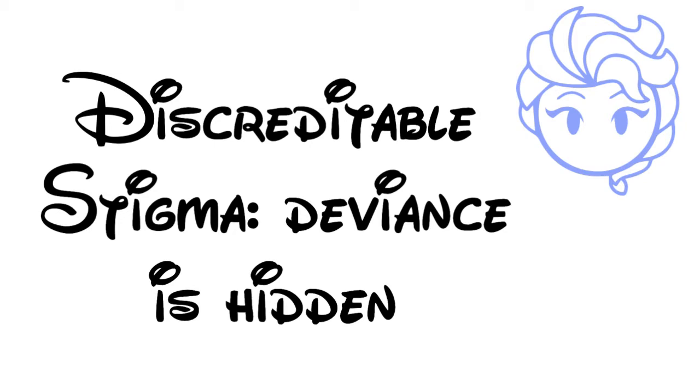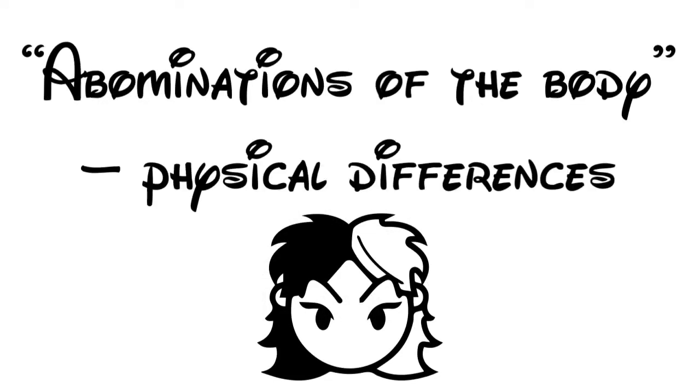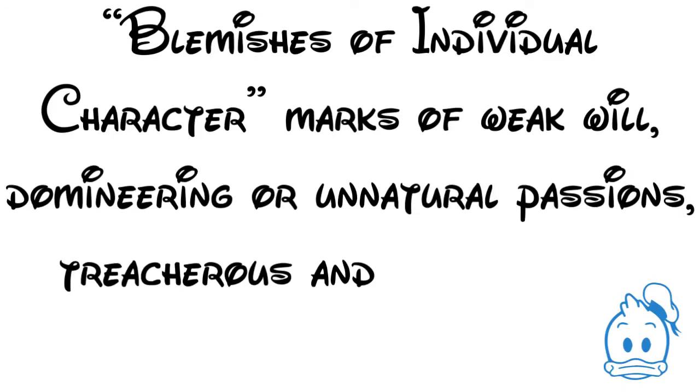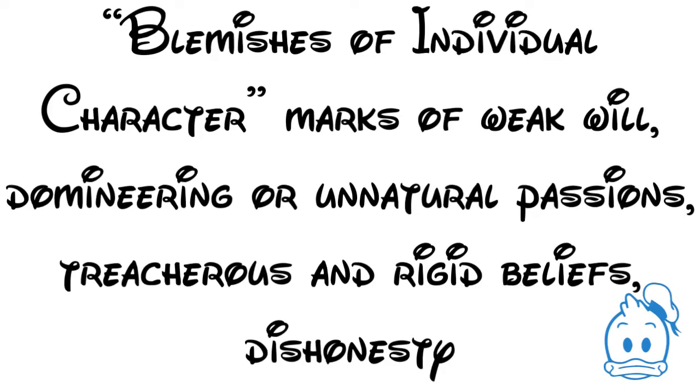So Goffman discussed several stigmas that were discrediting or discreditable, and those include abominations of the body, which are physical differences or deformities, blemishes of individual character, and those are traits that are perceived as being the result of weak will or domineering or unnatural passions or treacherous or rigid beliefs.